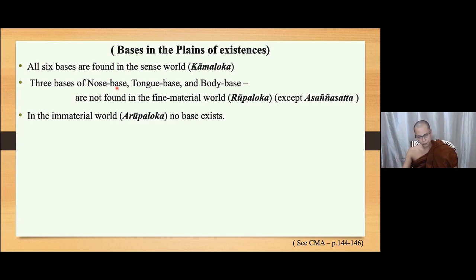The Abhidhamma Vibhavini mentioned that the two materialities, the bases of eye and ear, arise in the Rupa Brahma world because they are very beneficial for seeing the Buddha and Sangha with the eye, and listening to the Dhamma with the ears.